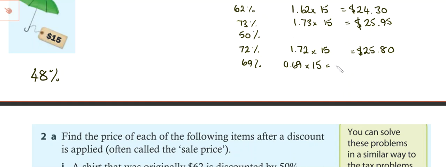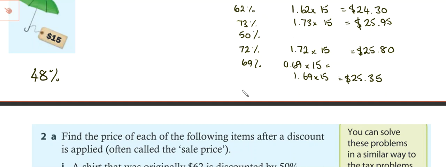I did the same thing. You did exactly the same method. What did you get for that? Instead I did 1.69 times 15 and I got 25.35.